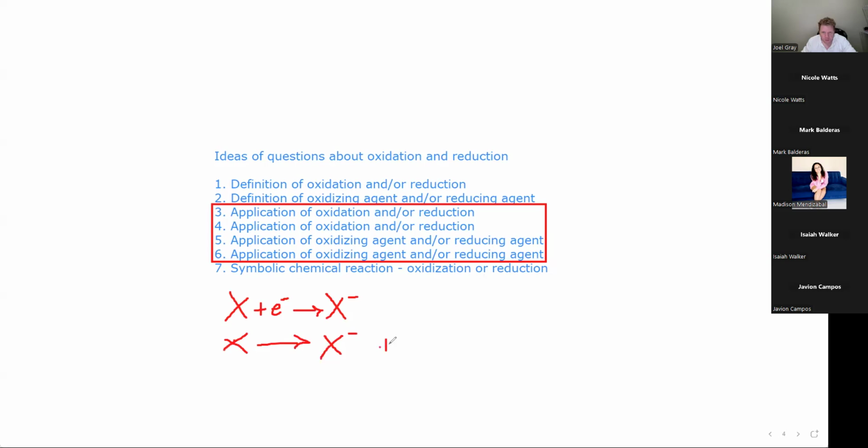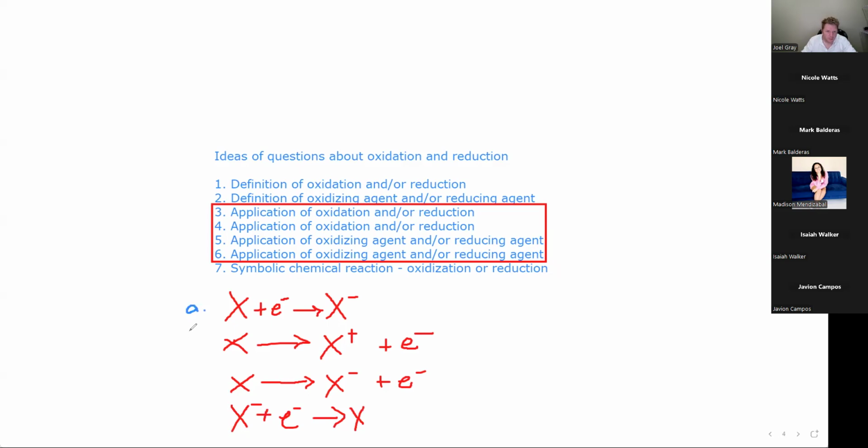X yields X minus plus e, and then let's see what's another good option. X minus plus e minus yields X. There we go.